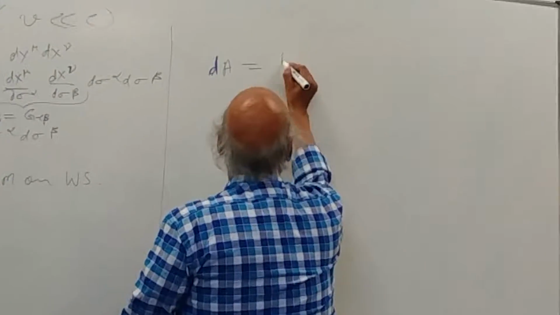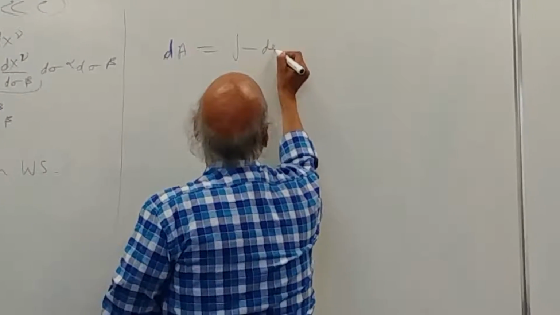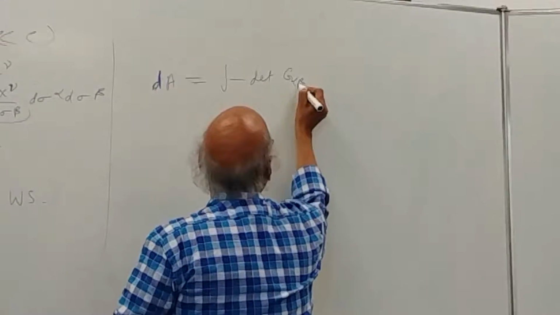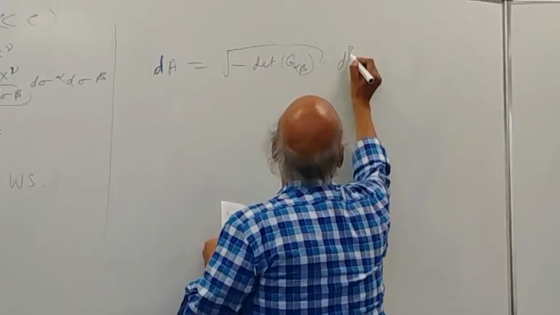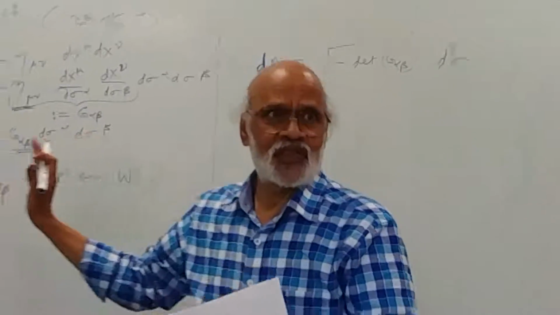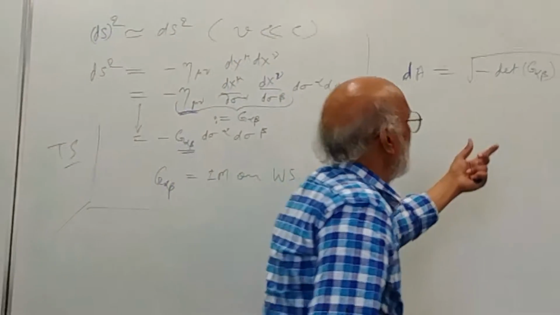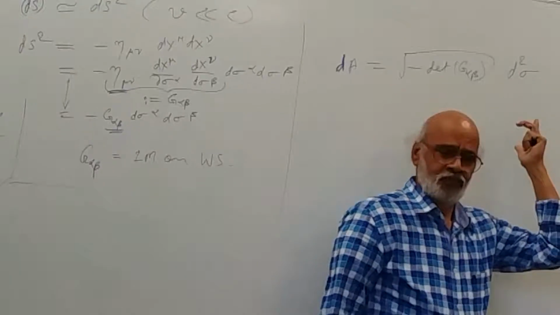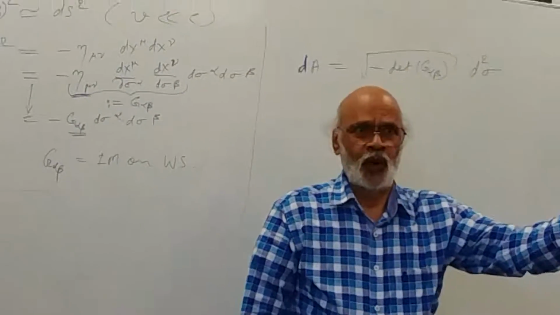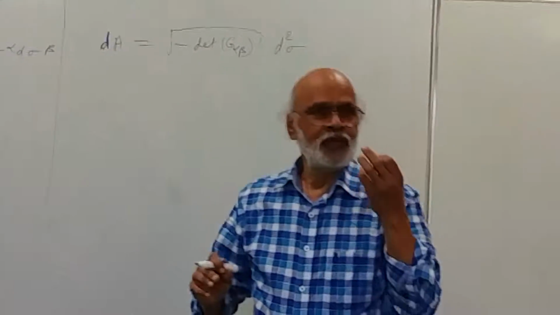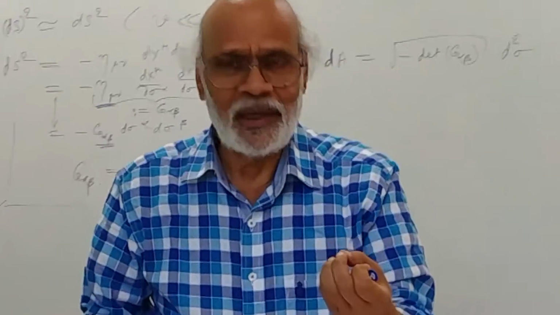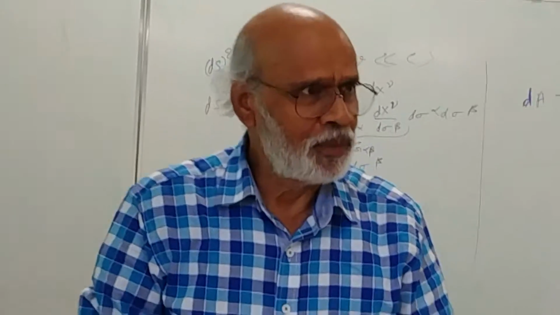This is given by minus, in any space which is defined by a metric tensor g alpha beta, or whatever we call it, then this is the definition of the differential area element, just using simple differential calculus.